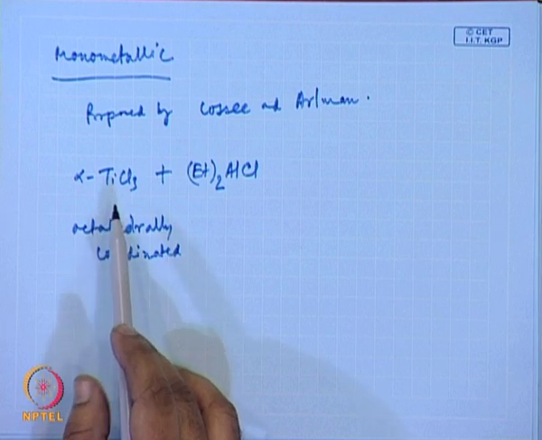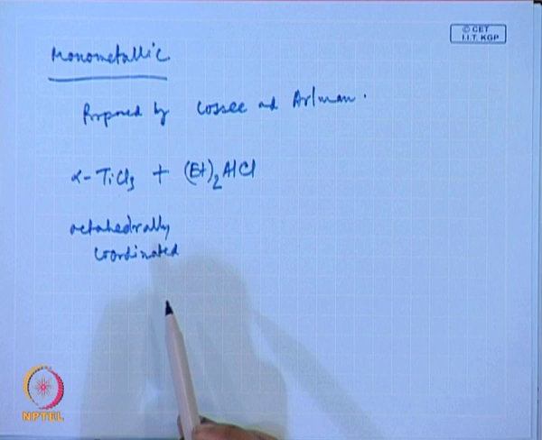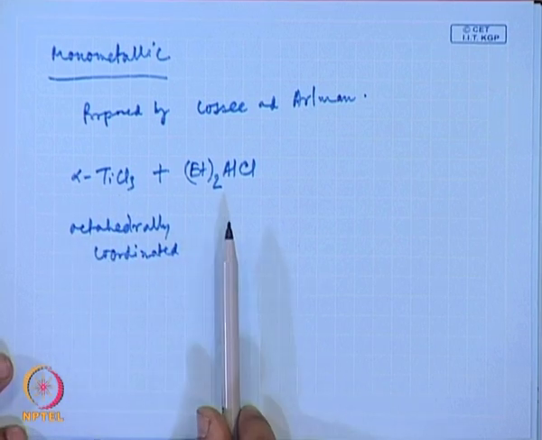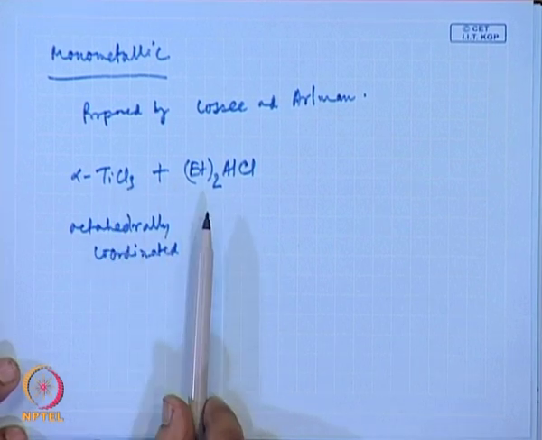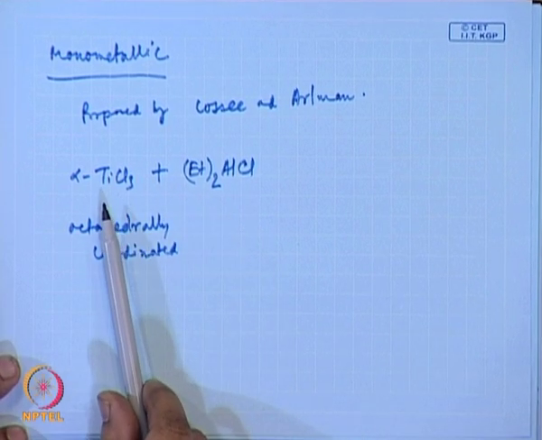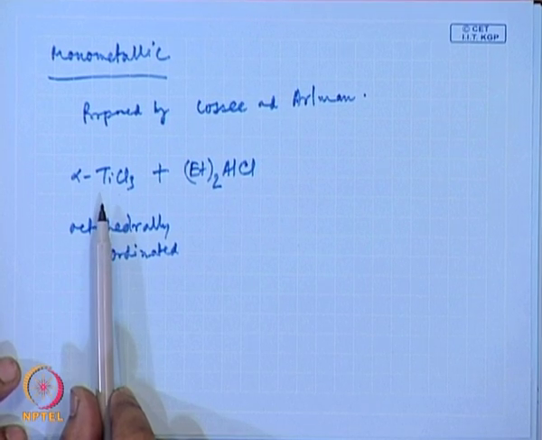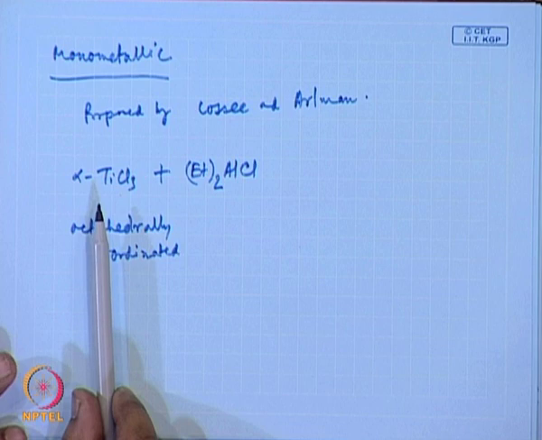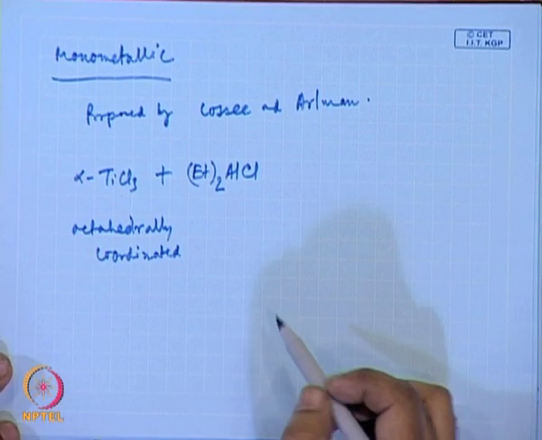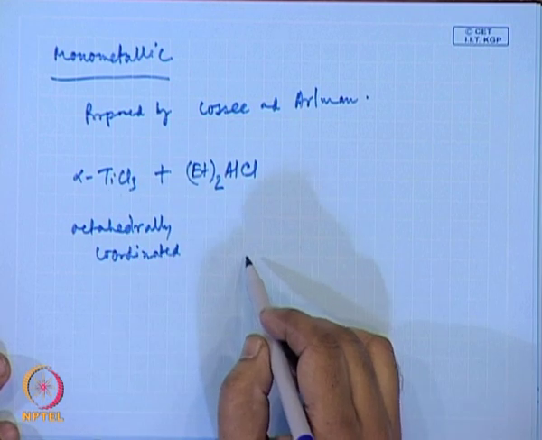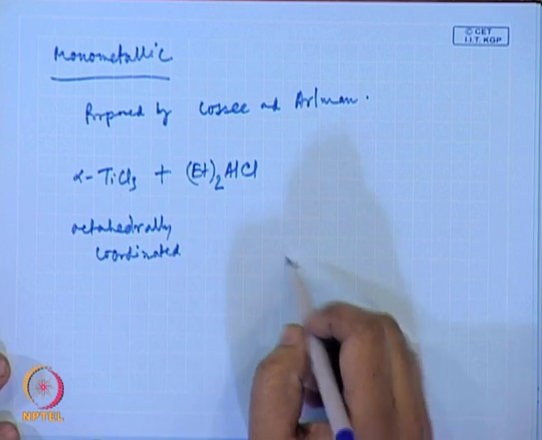At the beginning, the active center formation happens by addition of an alkyl group to this vacant d orbital of the 5 coordinated titanium 3 plus. So, let me draw that.